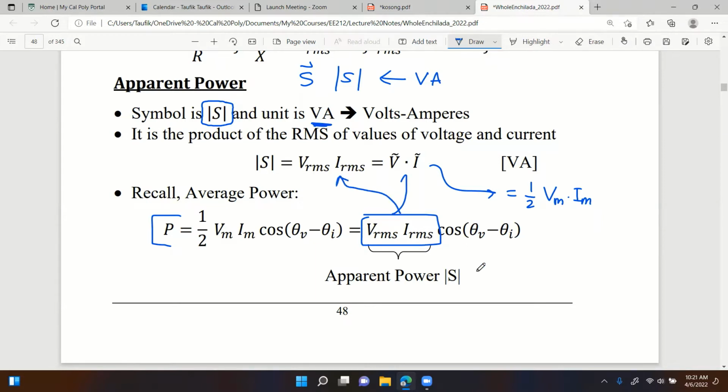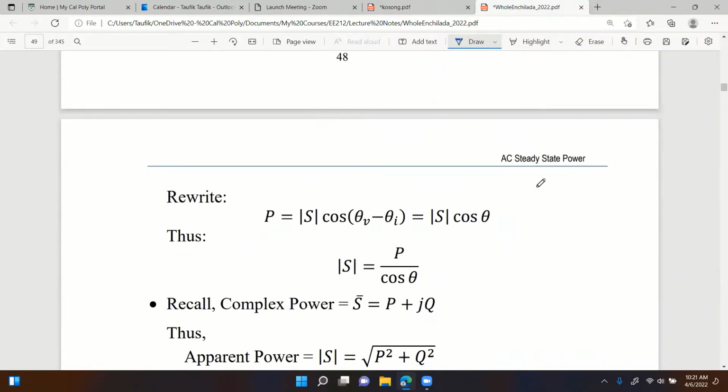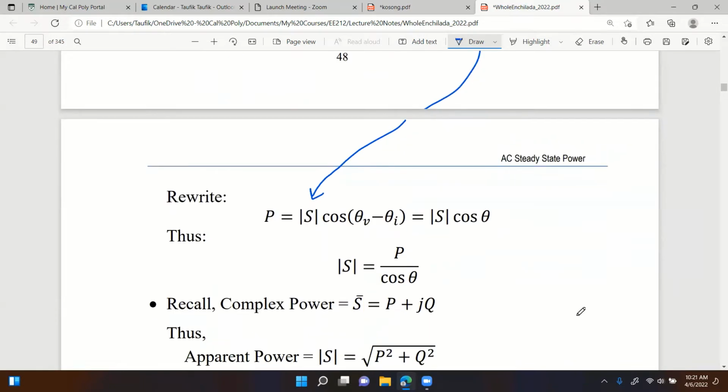So now we have another equation for P: P is equal to VRMS IRMS times cosine of theta V minus theta I. But VRMS times IRMS by itself is equal to S, apparent power. So now we have another equation for average power, which is apparent power times cosine of theta V minus theta I.